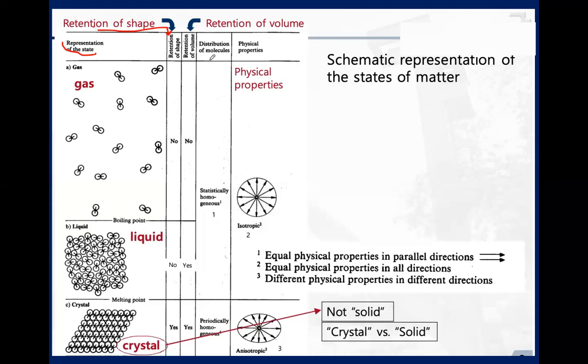And then the distribution of molecules is shown here, and the physical properties are also shown here, whether these materials are isotropic or anisotropic, right? So you can take the gas here.